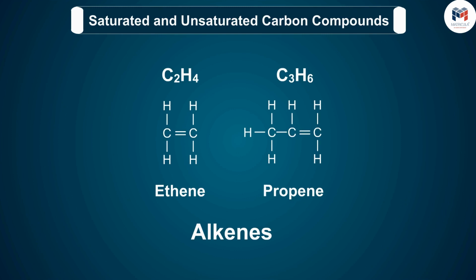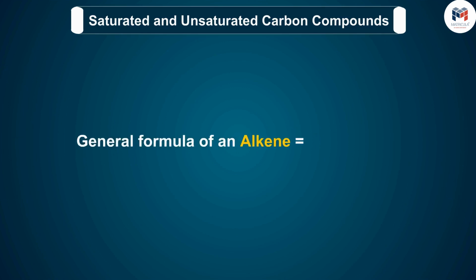There is also an interesting fact. Do you know, children, that there can be no alkene having only one carbon atom? The general formula of an alkene is CnH2n, where n is the number of carbon atoms in its molecule. Let's take an example. 1.